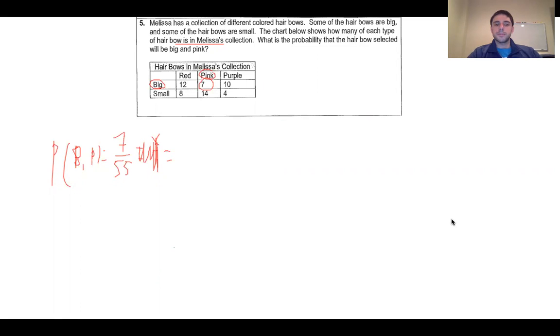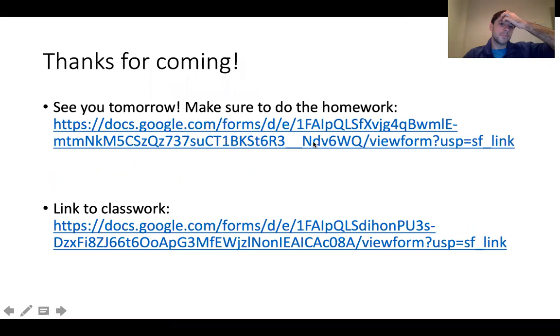Excellent. 0.12 approximately. So there's a 12% chance that if she pulls out a bow, it's going to be both big and pink. Awesome. So that's going to be all we have for today.